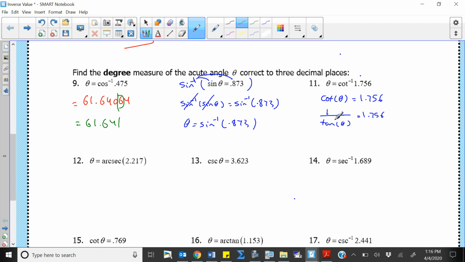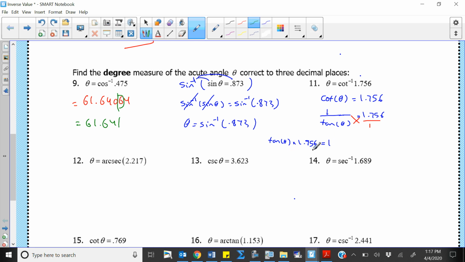Now I'm going to have the tangent of theta on one side of this equation and everything else on the other side. So I can put the denominator of 1 and cross multiply, and this will be equal to tangent of theta times 1.756 equal to 1 times 1.